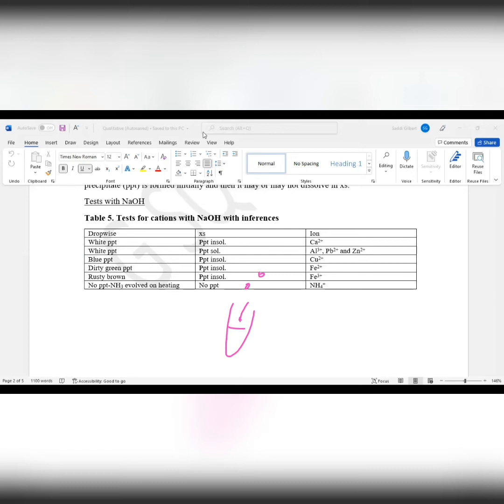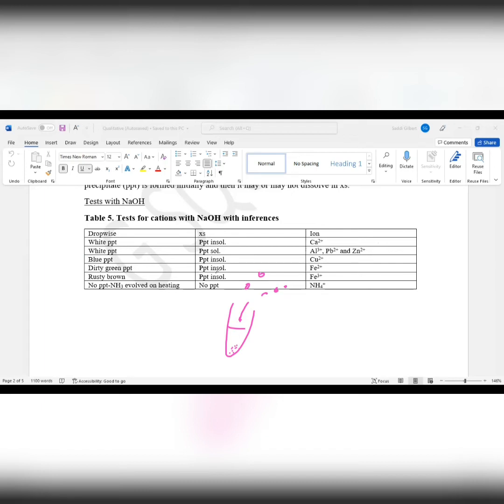Then you shake it. You'll see a white precipitate form. So then you're going to see these white things at the bottom, right? And then you add a few more drops of the sodium hydroxide. Now, if the precipitate is insoluble when you add the excess, it means that it is calcium. If the precipitate dissolves, then it means that it could be aluminum, lead, or zinc, one of those three.